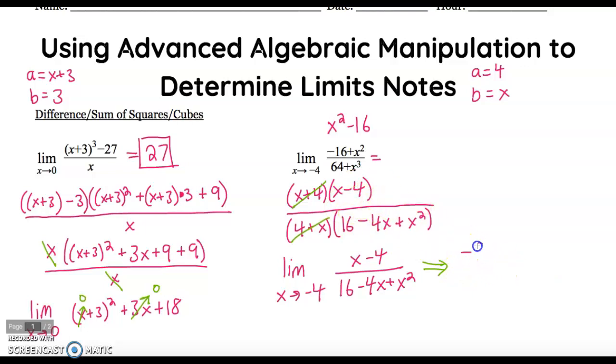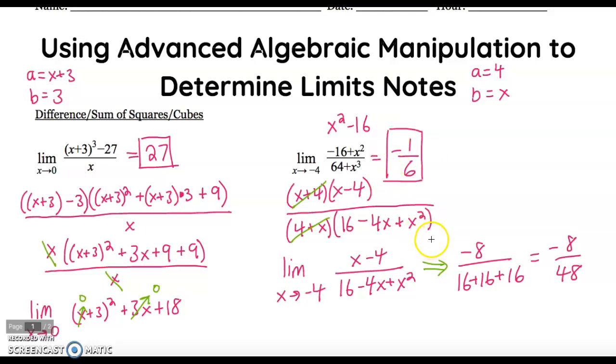So on top, we'll get negative 8. And then on the bottom, I'll get 16 plus 16 plus 16. So negative 8 over, what's that, 48? Yeah. And then that reduces to negative 1/6.